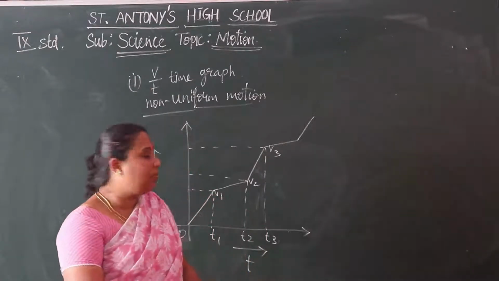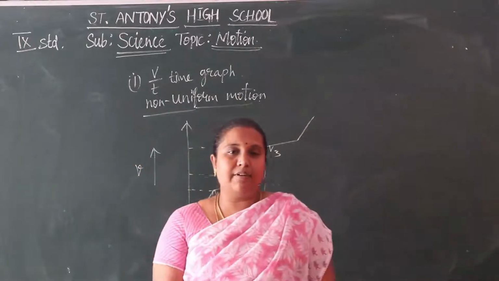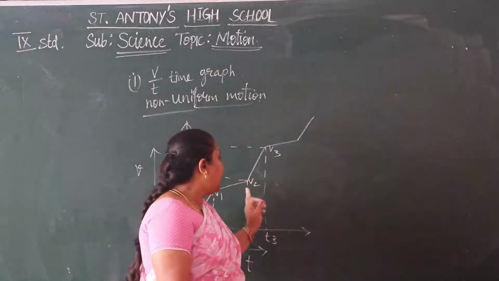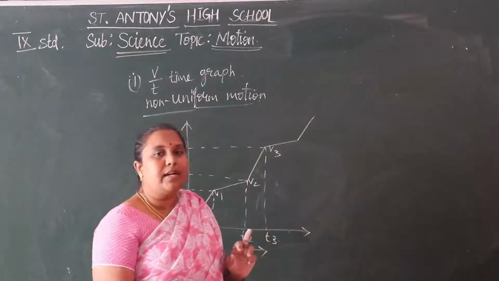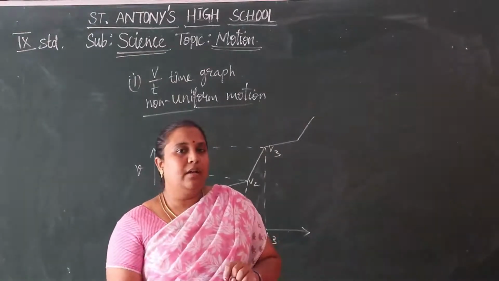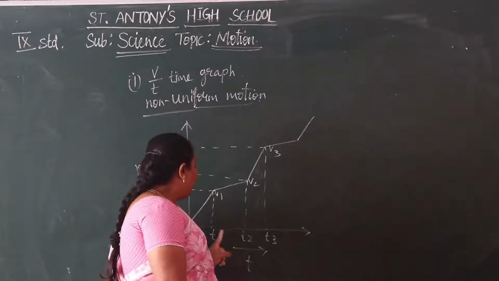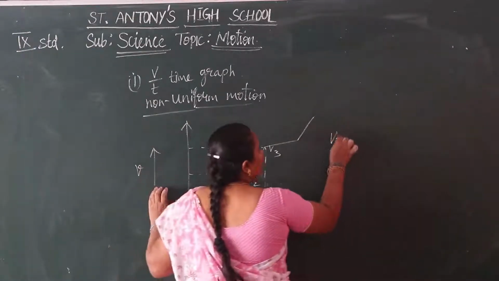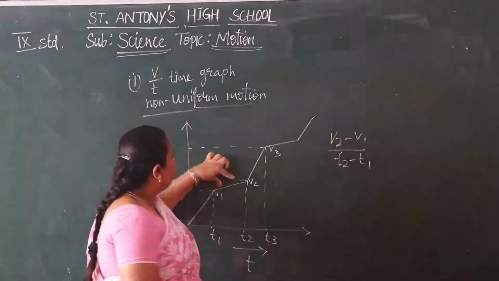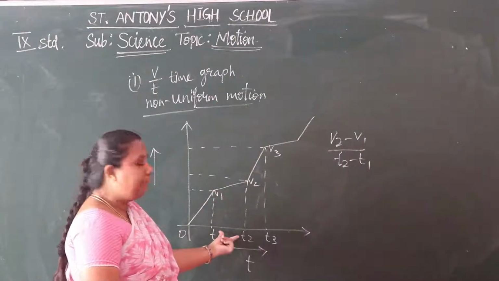Here we want to find the difference between the velocities: v2 minus v1 and v3 minus v2. So that is v2 minus v1 by t2 minus t1, the change between these two by the time taken.